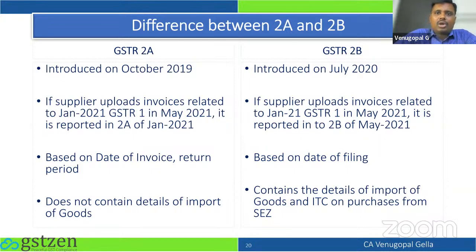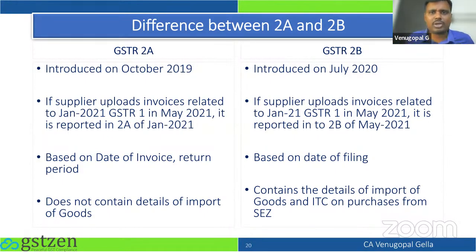So in the month of Jan 23, you may be getting credits in 2B pertaining to April 22 and December 22 also. But 2A of Jan 23 will always have all those GSTR-1s of Jan 23 filed by the suppliers. So this is one difference.